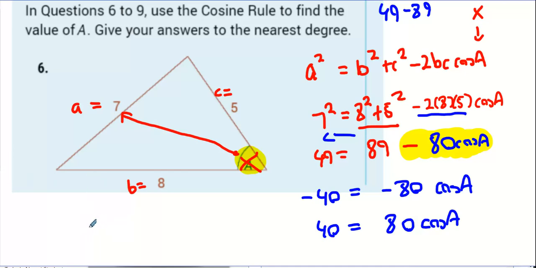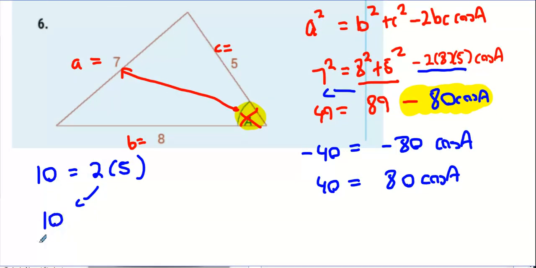I'll run something over with you really quickly, right? If I have 10 equals 2 multiplied by 5, would you agree with that? 10 is 2 multiplied by 5. Okay. If I bring the 2 underneath, and if I change that 2 to a minus 2, what happens to the balance? Anybody know? What is 10 divided by minus 2?